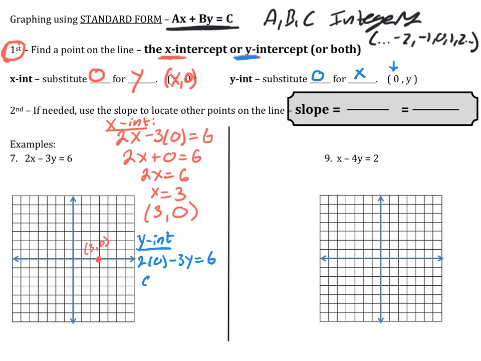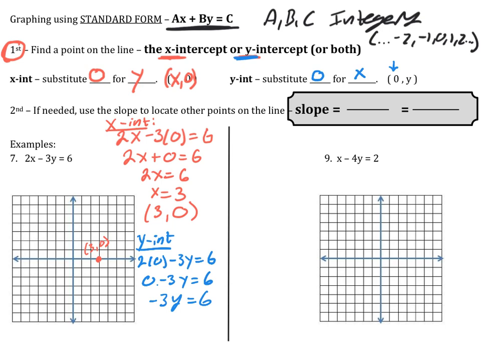Well, 2 times 0 is just 0. All right, 0 - 3y is just -3y. So you can kind of think about it as our zeros in this case just sort of drop off, right? Once we plug 0 in and that term becomes 0, we don't really have to worry about it anymore.